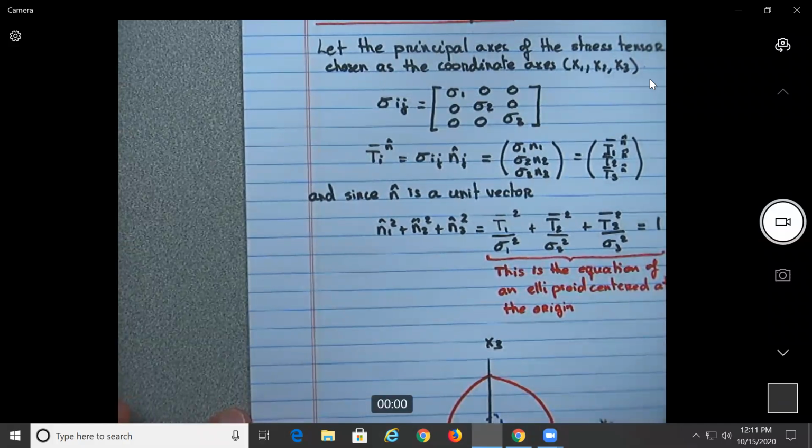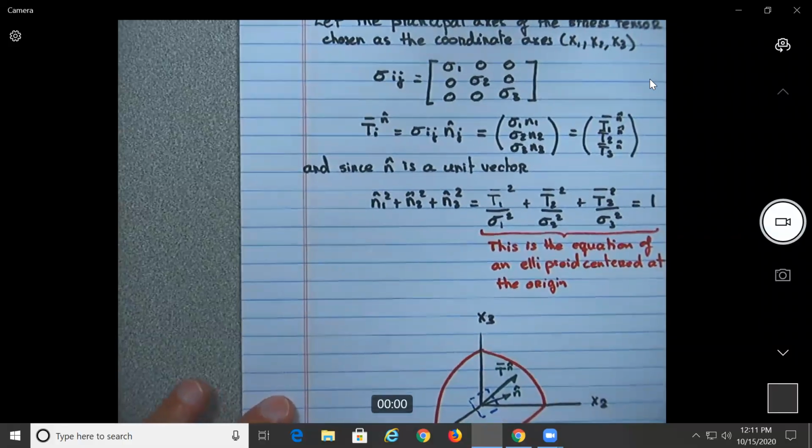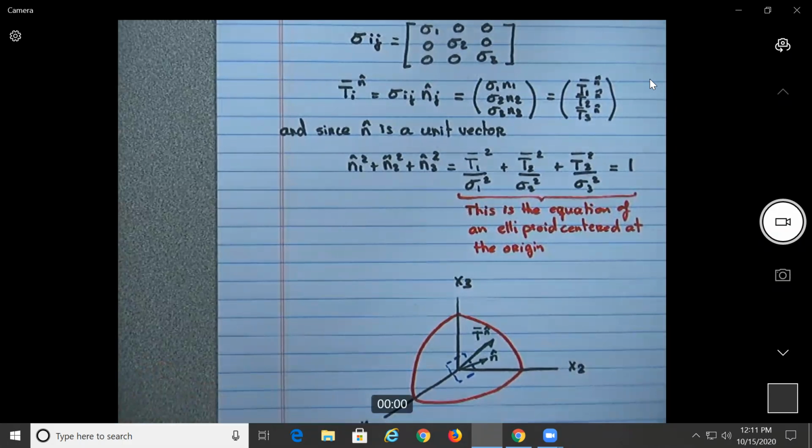And if we look from the origin here, this could be your stress tensor T, N, and let's say this could be your unit vector here, N. Okay, so I'm gonna stop here the video, but we're gonna keep talking about this.